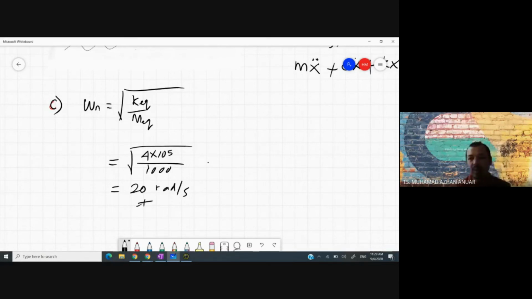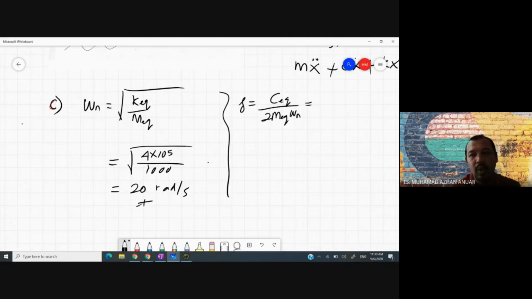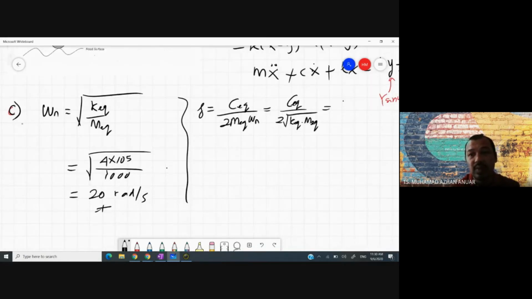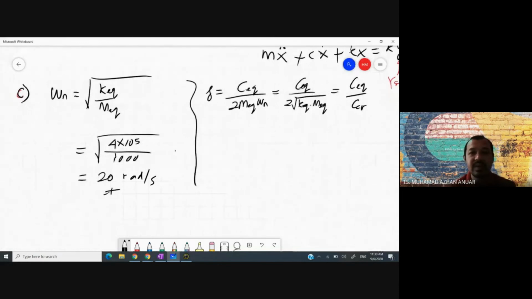And then what is the zeta value? This is very straightforward as well. We still remember zeta is equal to C equivalent divided by 2 M equivalent omega n, or we can use C equivalent divided by 2 times the square root of K equivalent times M equivalent, or another expression which is C equivalent divided by C critical. Whatever information is given to you, you can use either equation.